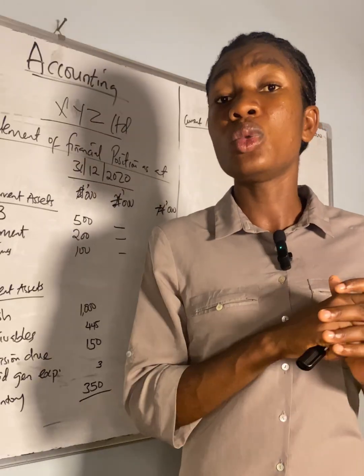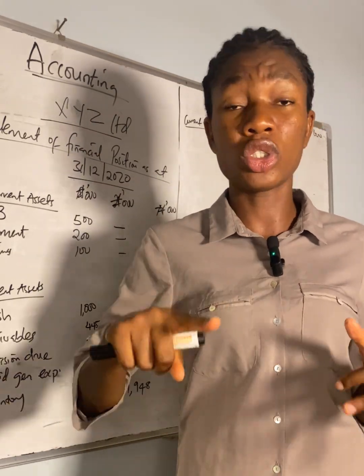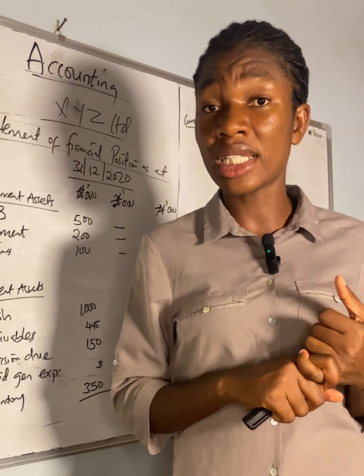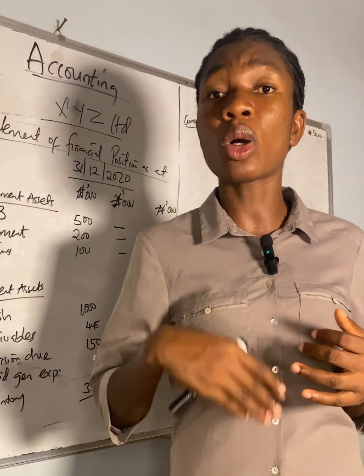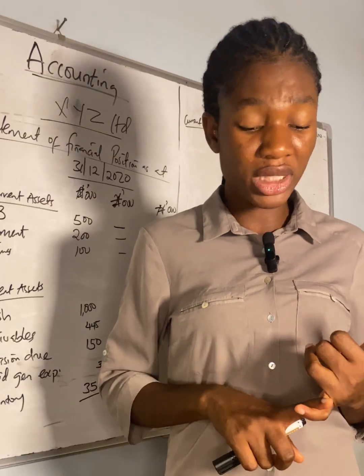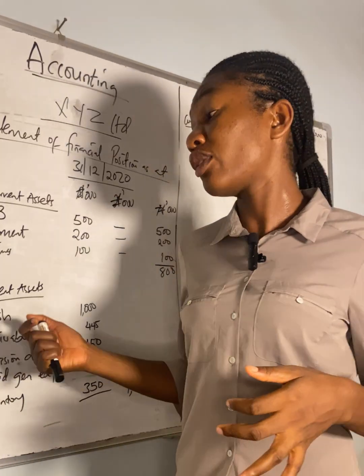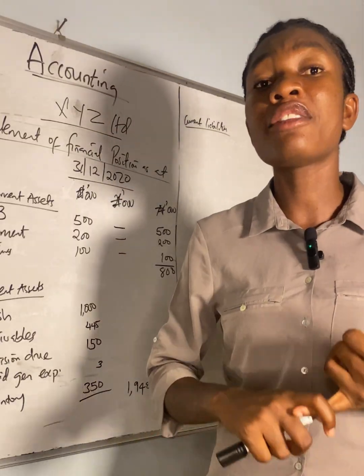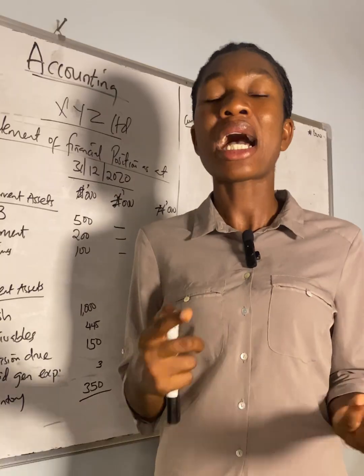So an overdraft now becomes a liability for you. And of course we have other liabilities from the additional information that was given. We have accrued expenses, and then we have prepaid income, that's income received in advance. Accrued expenses and income received in advance are your liabilities. For the asset side, prepaid expenses and accrued income are your assets.